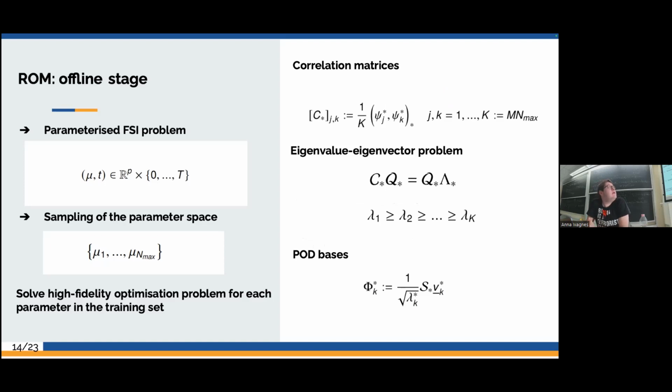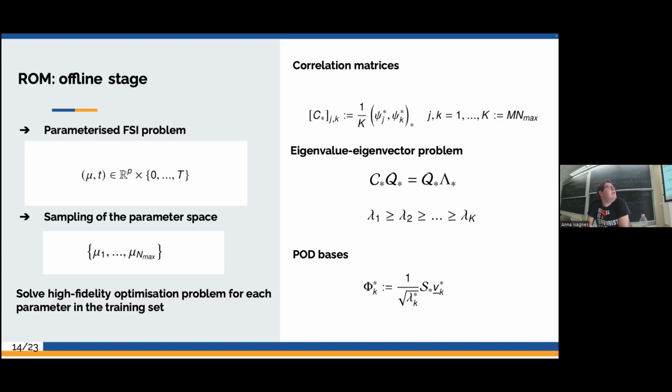And then having at hand the snapshot sets, we can rely on the POD compression, which consists in the following. We define the correlation matrices for each of the snapshot sets. Here the inner product for the variable star is defined, and is the same as it is defined for the finite element subspaces.